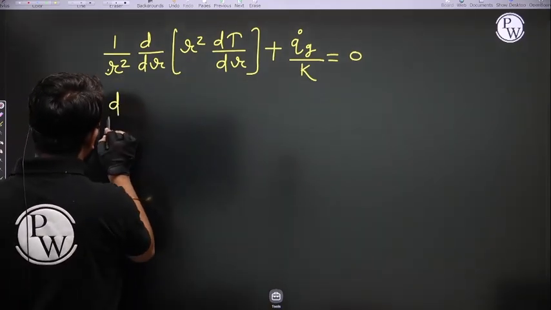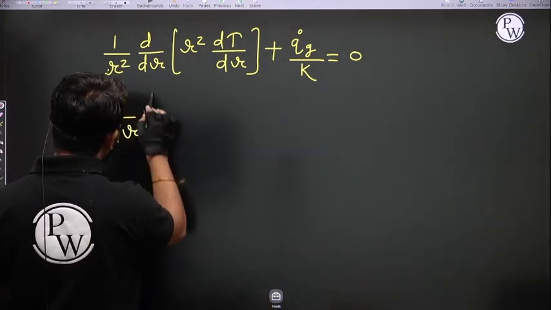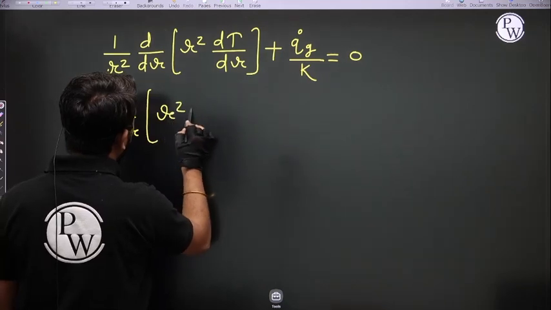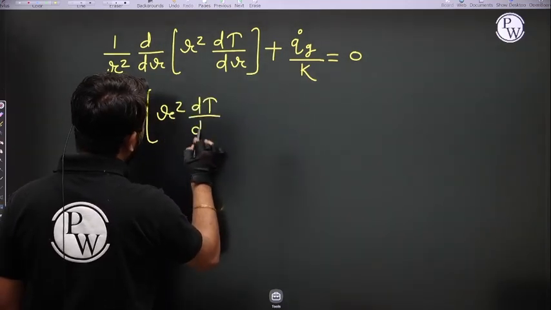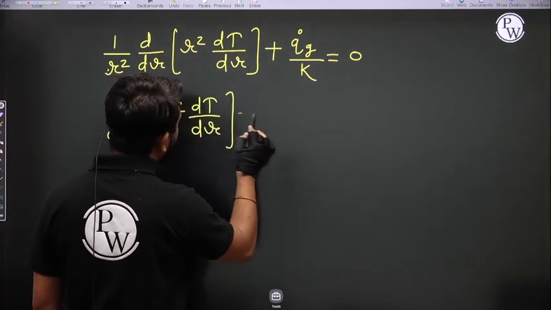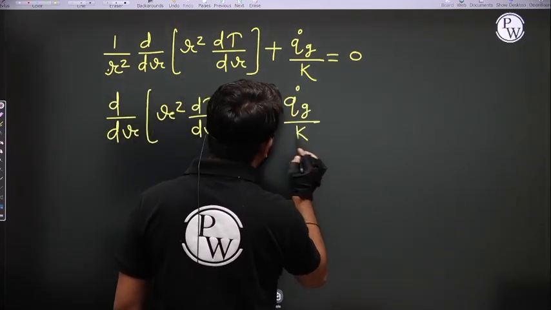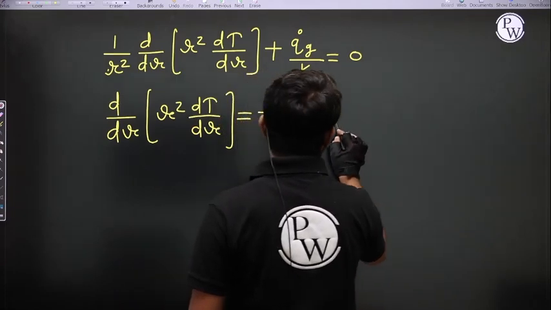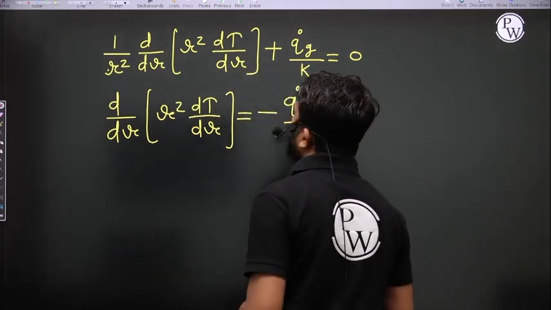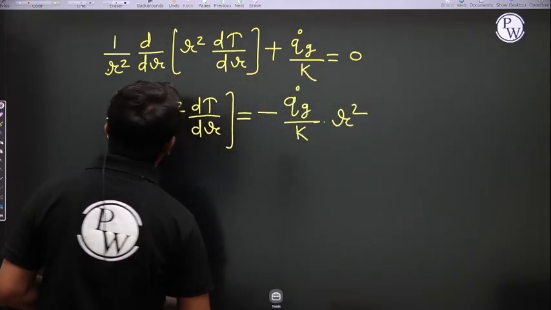If you simplify this, d by dr of r square dT by dr is minus Q dot G by k into r square.